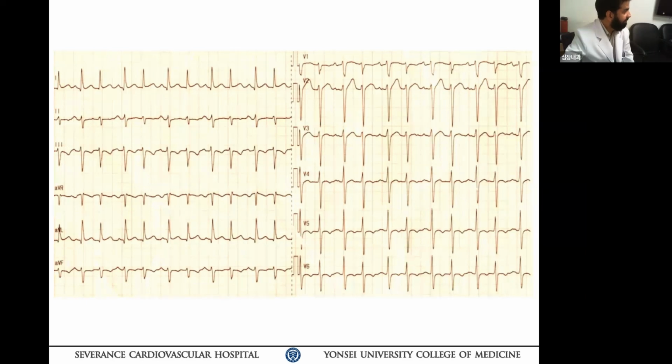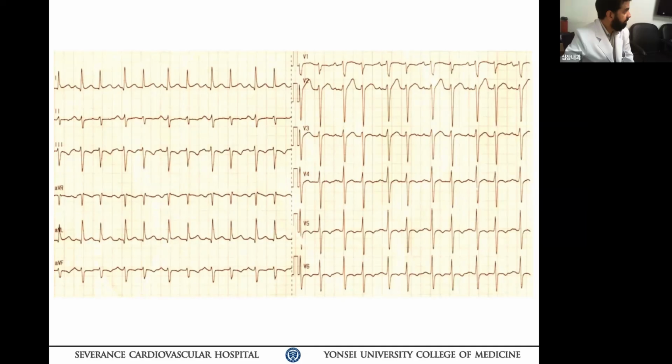After every sinus beat, next. Which lead? Lead first. Lead 1. Lead 1. Okay. The second one is the sinus beat. The next one looks like an atrial premature complex.